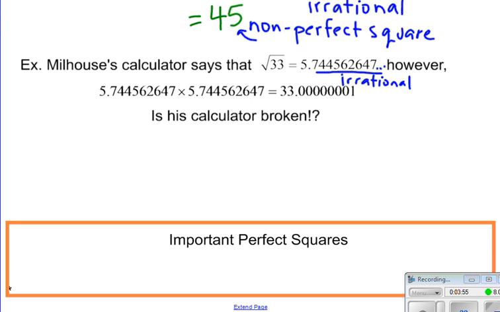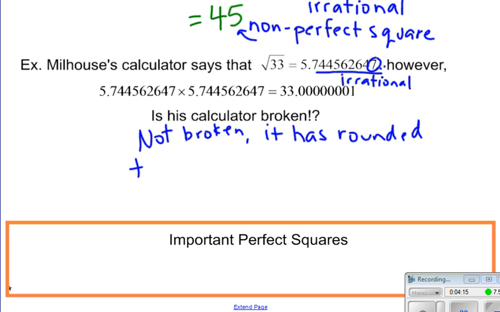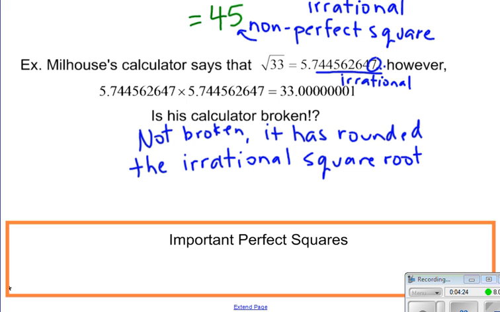Maybe that 7 at the very end has been rounded up from a 6 on his calculator. So his calculator is not broken. It is rounded. The irrational square root. Okay, so 33 is a non-perfect square, so we have an irrational square root.